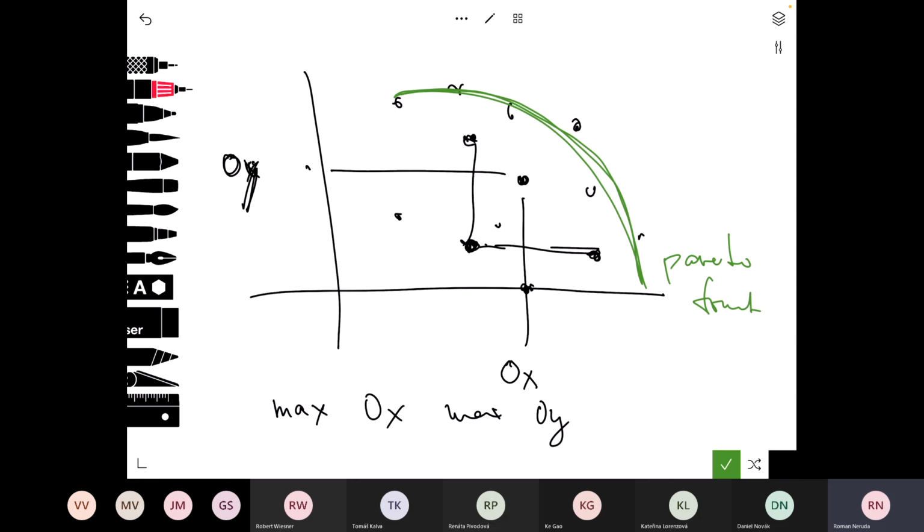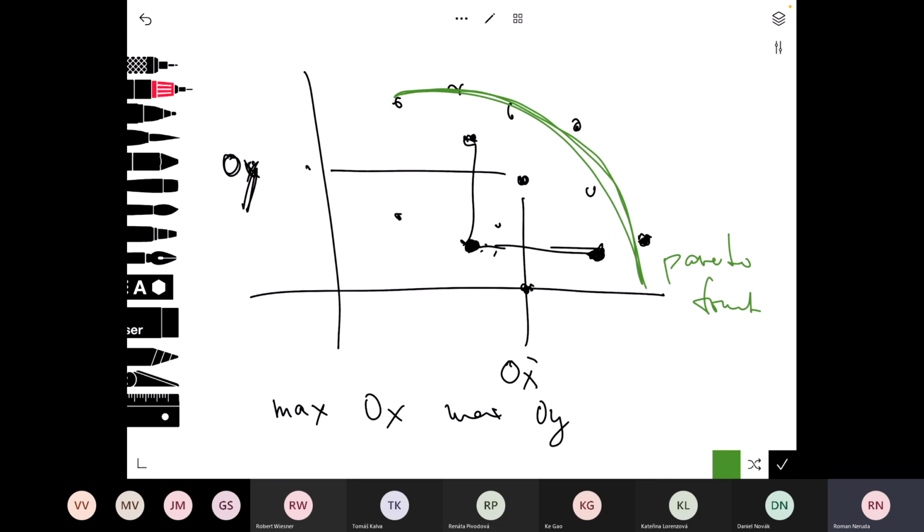Because we are saying that a solution like this one is dominated by this solution because this solution is better at least in one objective, right? So this solution is dominated by this solution. This guy here is not dominated by anything because all the solutions are worse, right?